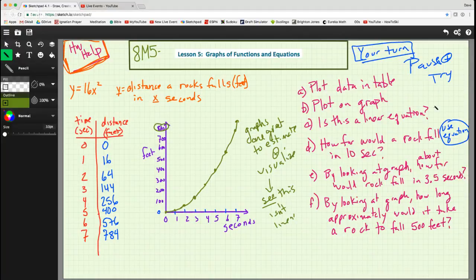So I say this is not a linear equation, because it's not a straight line. The points do not line up. Okay, and I knew that, again, because I had an exponent here, but good that we can see it visually.